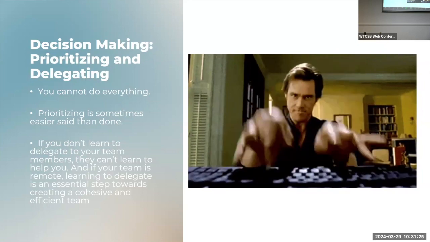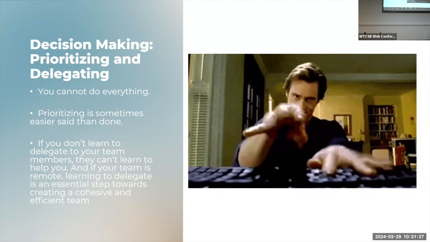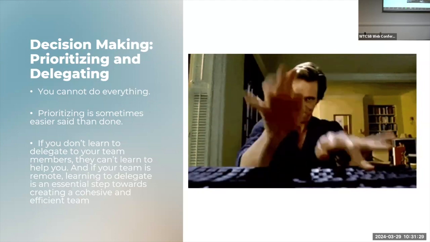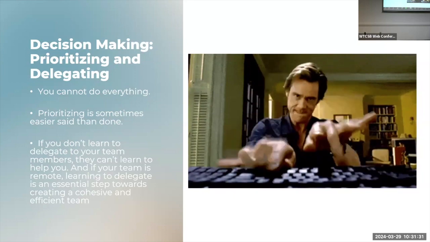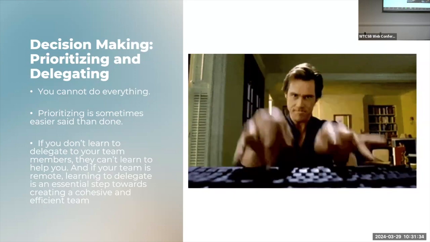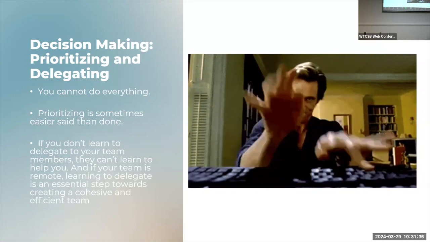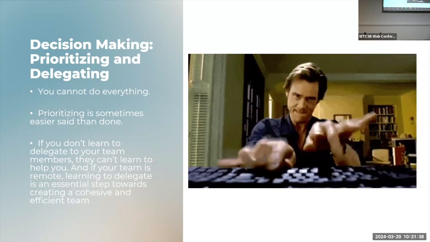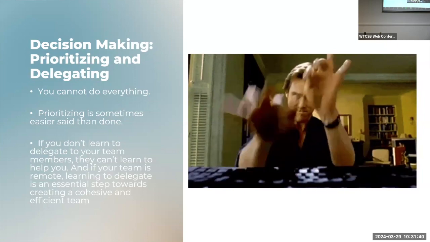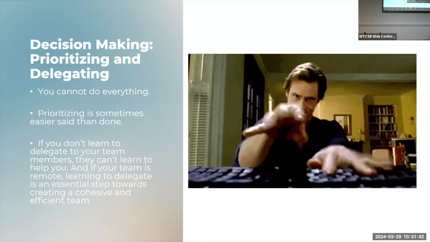I've seen some of the managers not so great at it, and they've had a lot to say about delegating and prioritizing and their skills and weaknesses in that area. Supervisors are a little bit better. I'm assuming you guys are right up there.